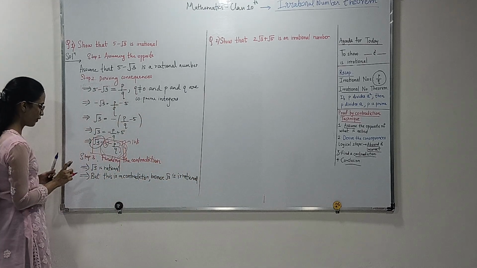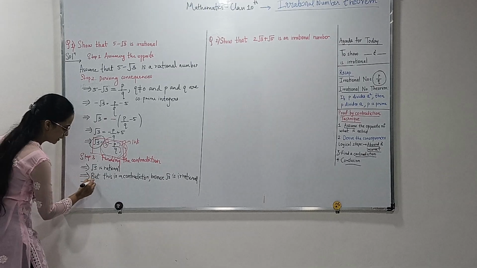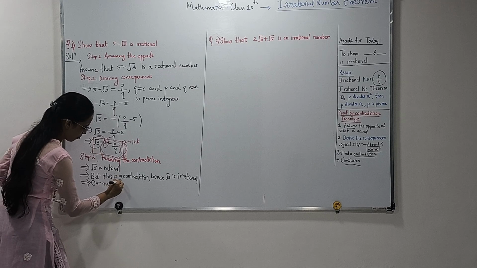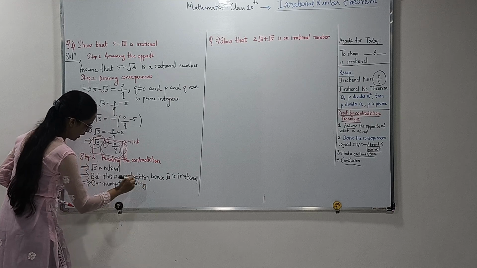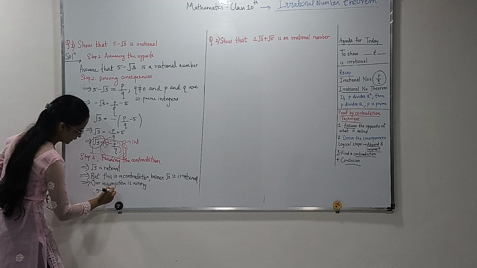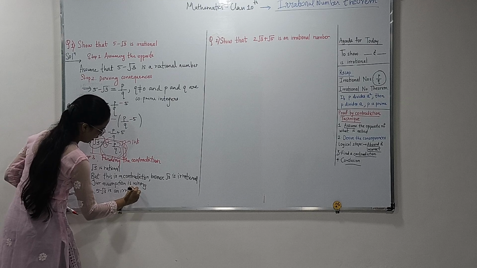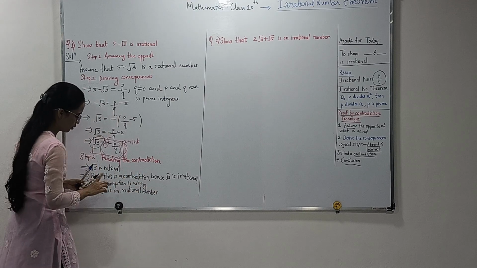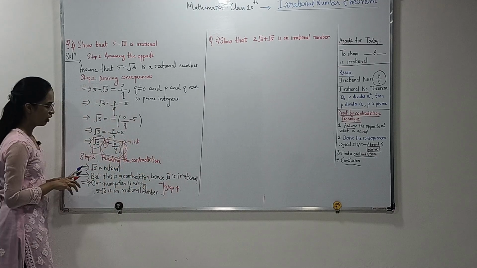So with this, we come to step number 4, that is conclusion. So this implies that our assumption is wrong, and therefore 5 minus root 3 is an irrational number.